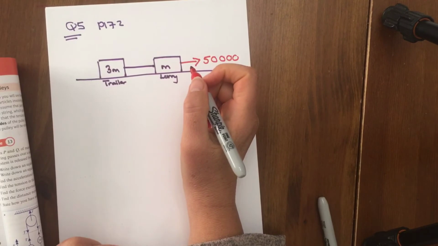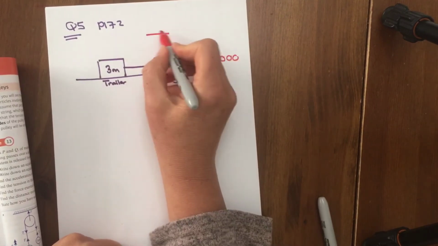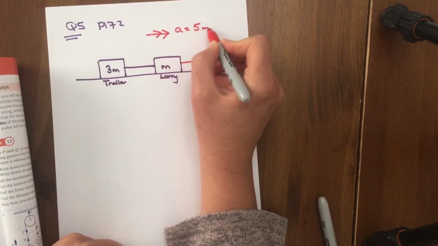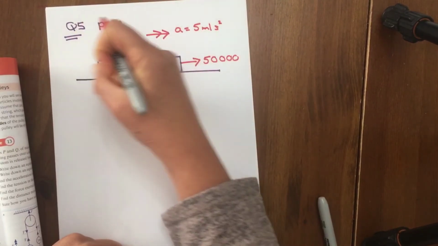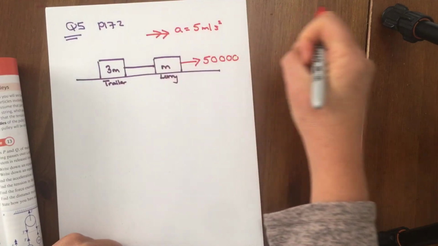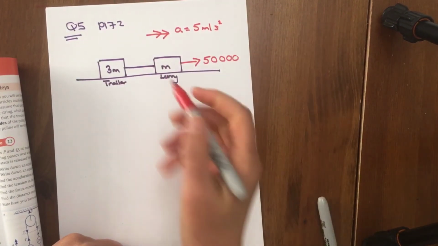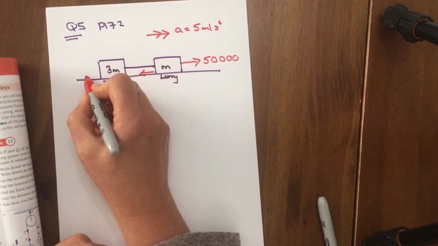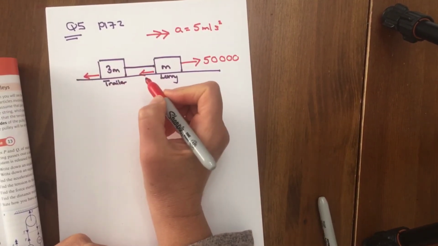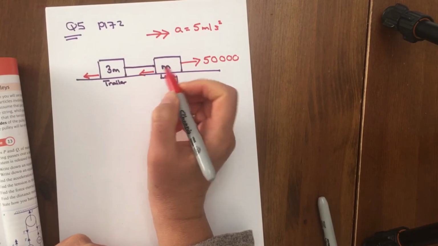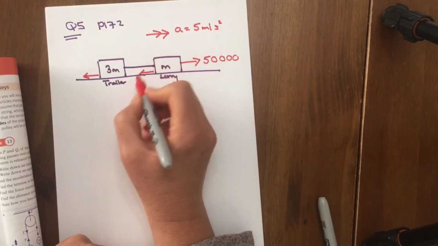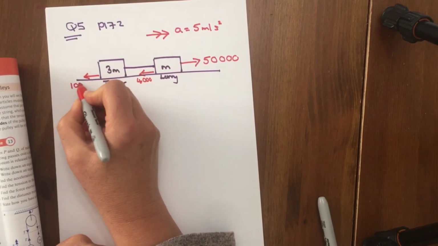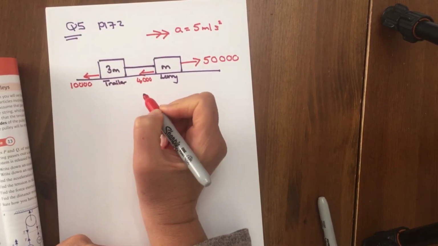And it says the acceleration is equal to 5 meters per second squared, going in the same direction as the driving force. Now, the friction that we've got here, it says the lorry and trailer experience resistances of 4,000 and 10,000 newtons.